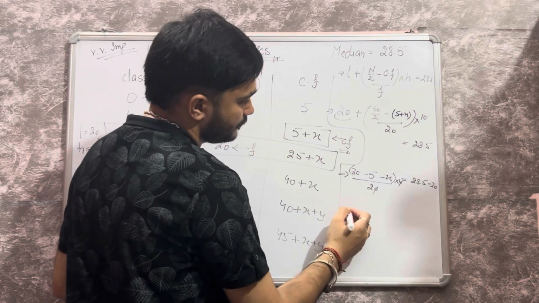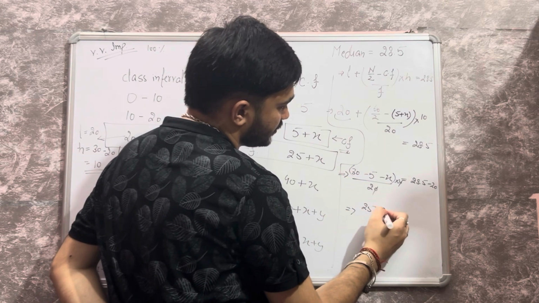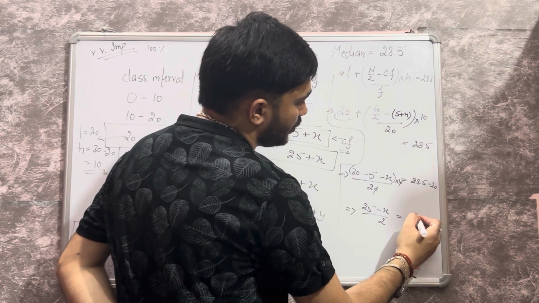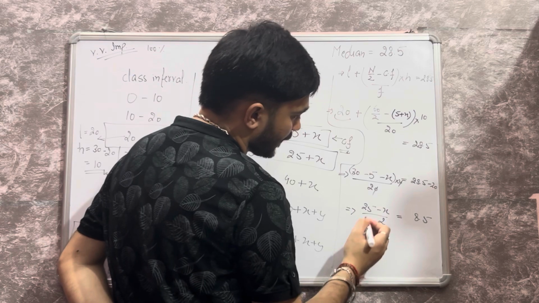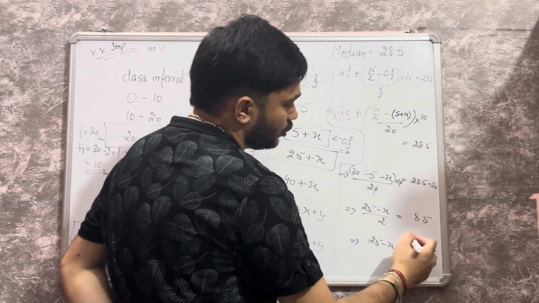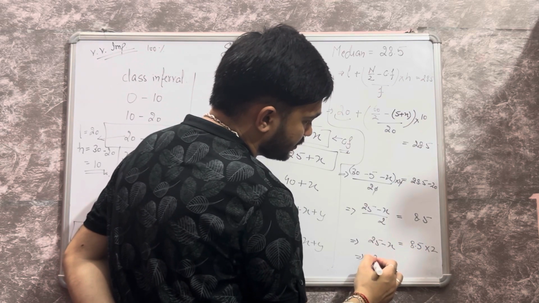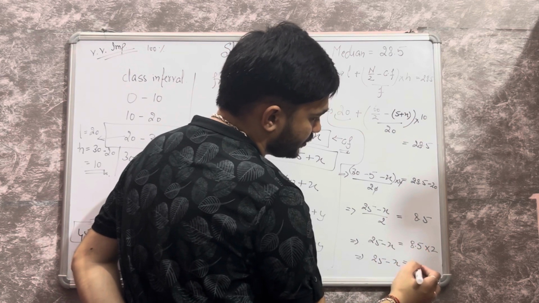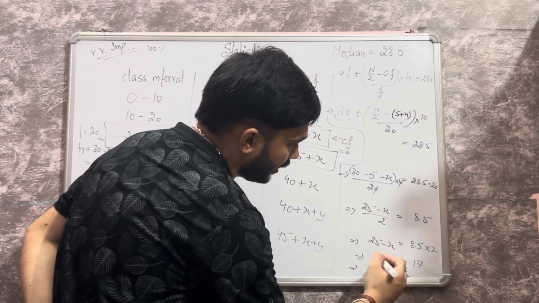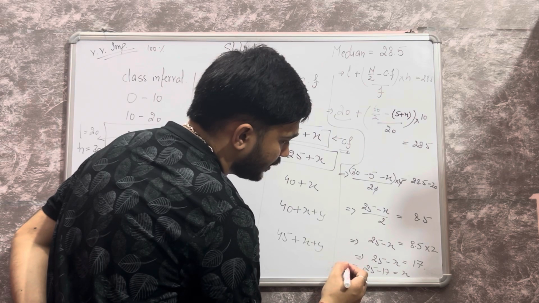Cut this 0 and 0. 30 minus 5 is 25 minus x, divided by 2, equal to 28.5 minus 20, which will be 8.5. Here you will get 25 minus x. This 2 is going to be multiplied on the right hand side. You will get 25 minus x, and this is going to be equal to 17. Take x on that side and 17 on this side. So you will get the value of x as 8.